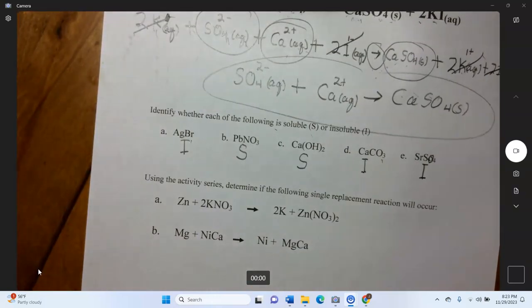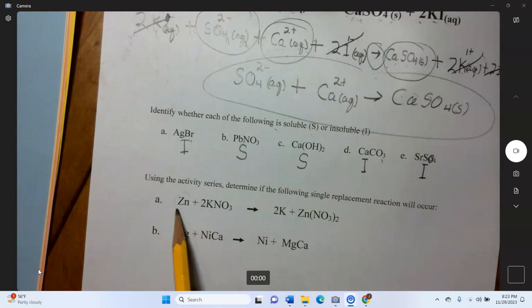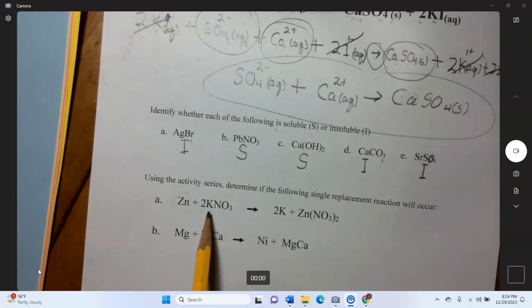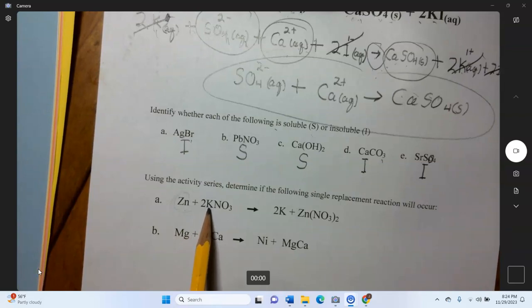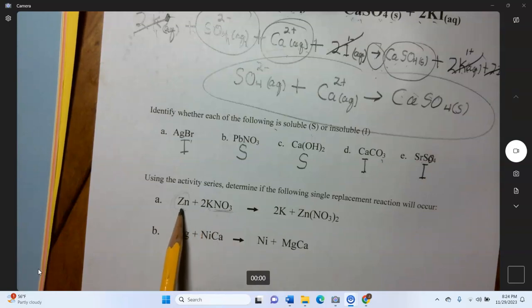Okay, next we go to the activity series. And these are generally used with single replacement reactions. It means you have a lone electrically neutral element. Over here you have a compound, an ionic compound, a metal and a non-metal. What you want to know is, are this zinc and this potassium going to switch places? Are they going to switch places, yes or no?